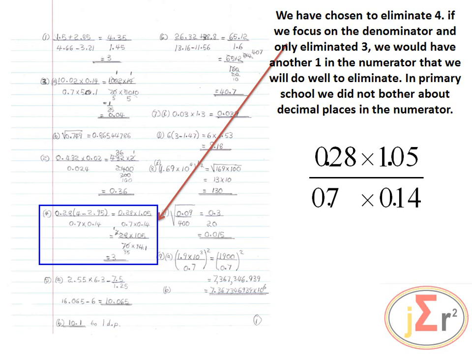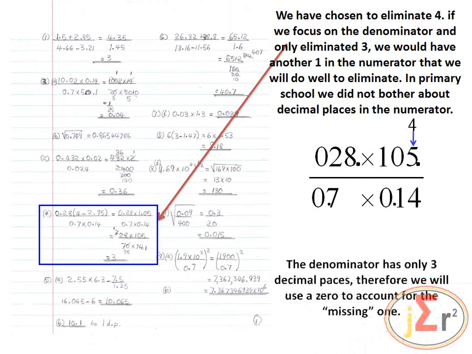Although in primary school we did not bother about decimal places in the numerator, now we are attempting to eliminate all decimal places altogether. So 1, 2, eliminate those 2, and we will also eliminate another 2 right there, a total of 4.